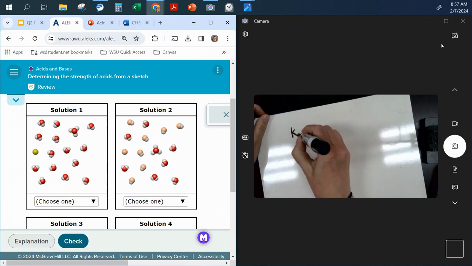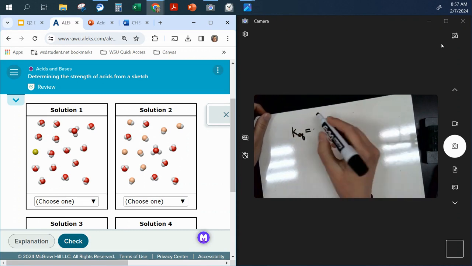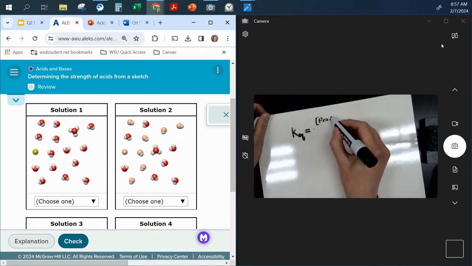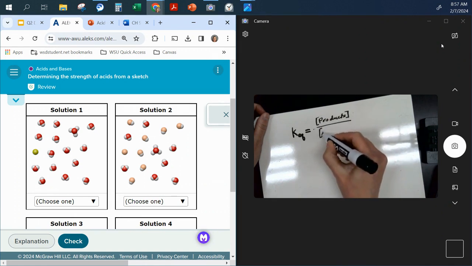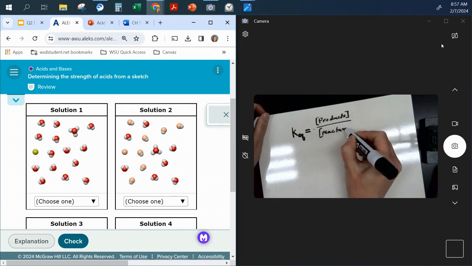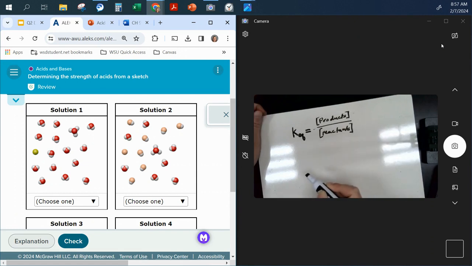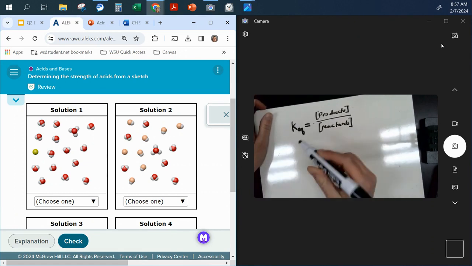We always look at the concentration of the products over the concentration of the reactants. We're going to do the same thing here, kind of like the acid equilibrium. We're going to look at this equilibrium expression, and we're going to count how many.